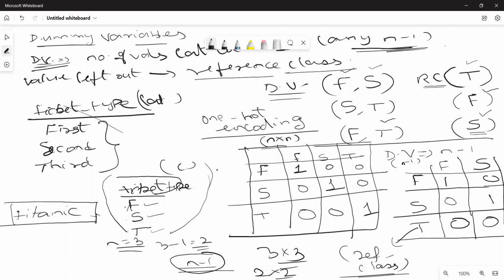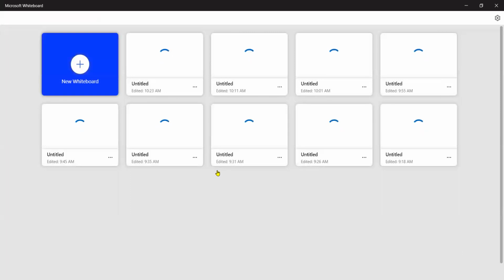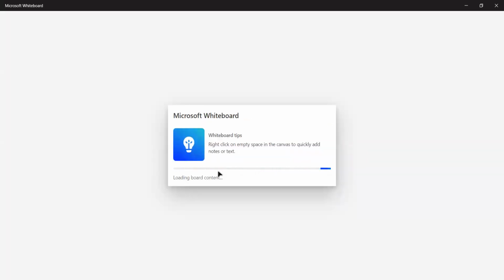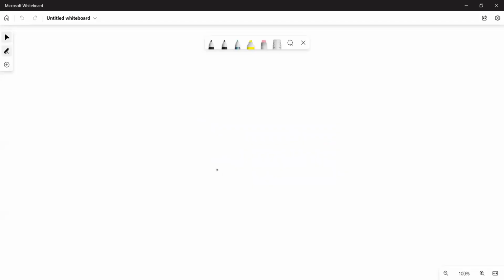Now, how does it translate into a data set? Let me take a simple example of the same data of Titanic. Let's take age, and ticket type, and here it is going to be survived, and this is record number.